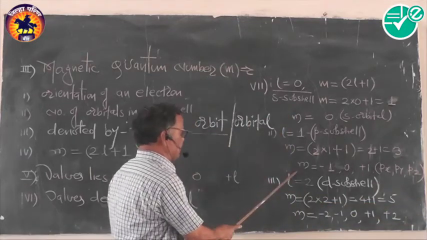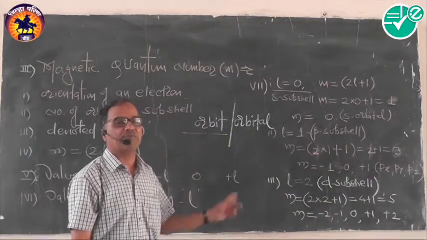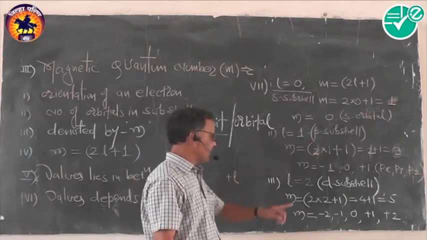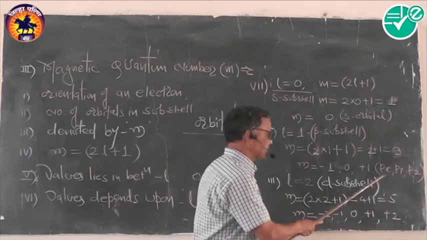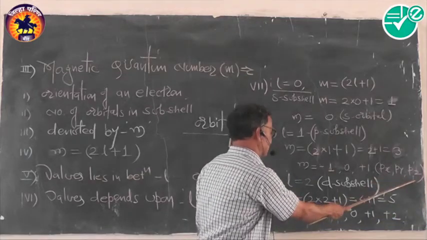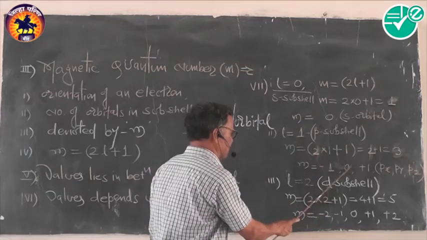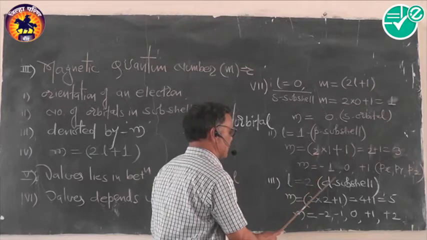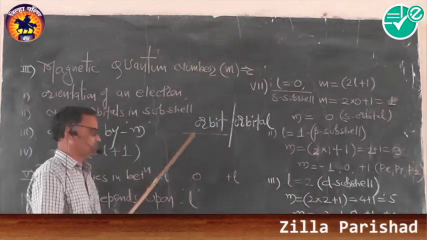These 3 orbitals present in the p subshell are px, py, and pz. The values of m are -1, 0, +1, for px, py, and pz.